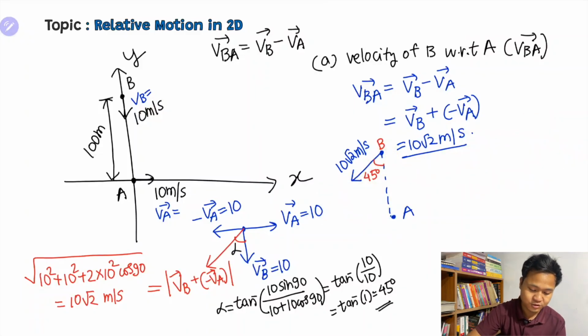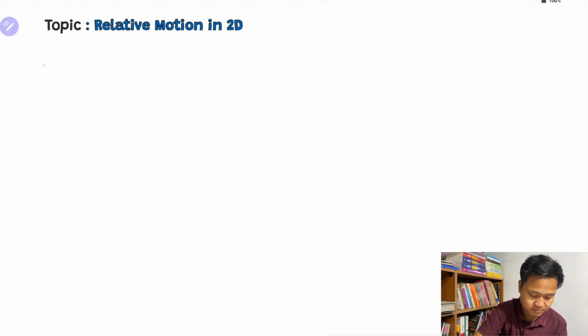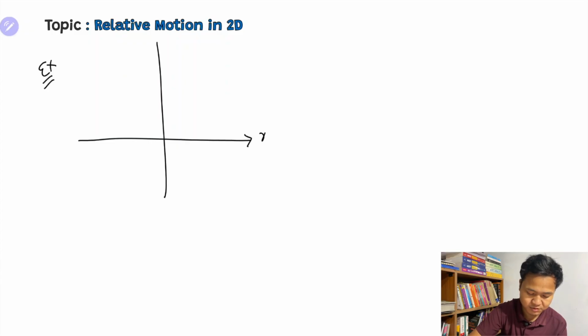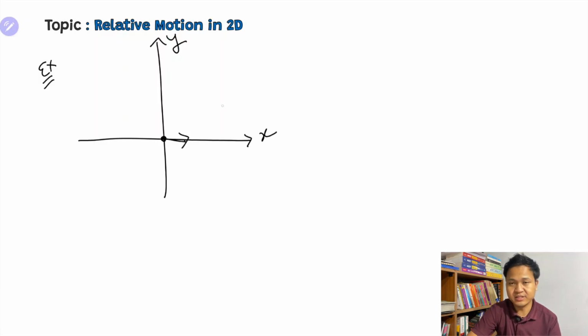Okay, let's do one more. For example, same question. x and y are the origin, so a is moving along this side, let's say 6 meter per second.